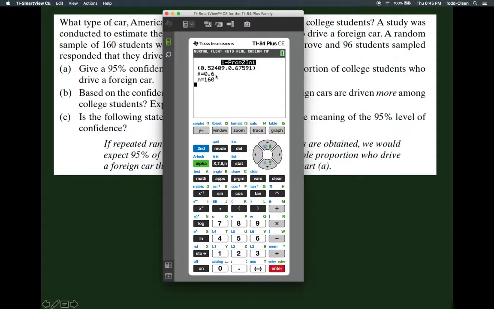So 60% of the students sampled drive foreign cars. But keep in mind that our confidence in that single number estimate is very low. This is like the BB trying to capture the fly. Rather than using the BB, we want this fly swatter, which is an interval or a range of values. So we're 95% confident that the true proportion is somewhere between 52% and 67 or 68%.